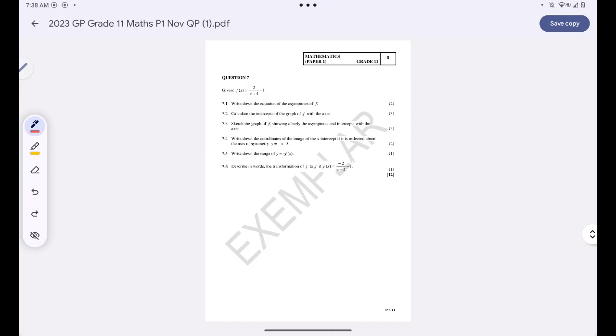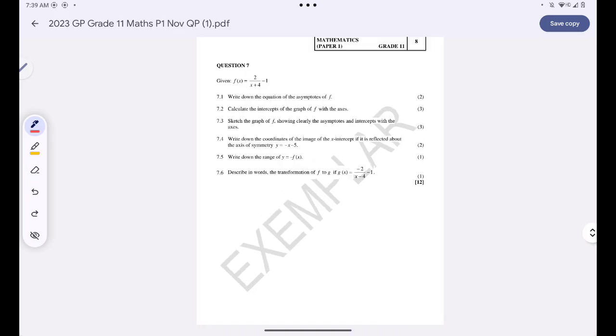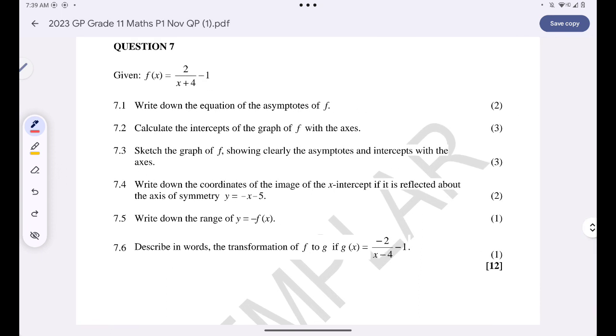Okay. Question 7. We are given an equation of f of x. We are supposed to write down the asymptotes of f of x. This value over here tells us about the horizontal asymptote, and this one tells us about our vertical asymptote.